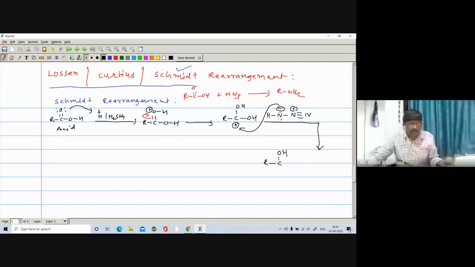Here is O, H, and also there is O, H, and I can put here H, N, because negative will attack on the positive, and the next part is N triple bond N and a positive, right? This is the structure of hydrazoic acid. Here is the positive.